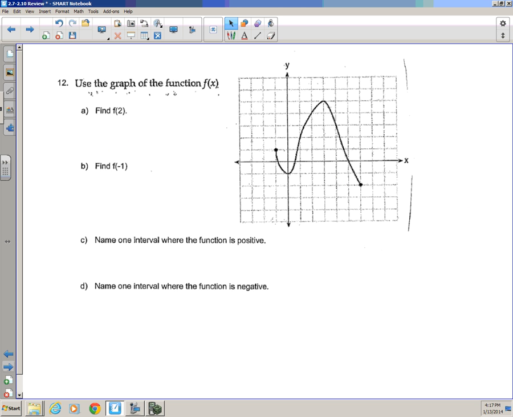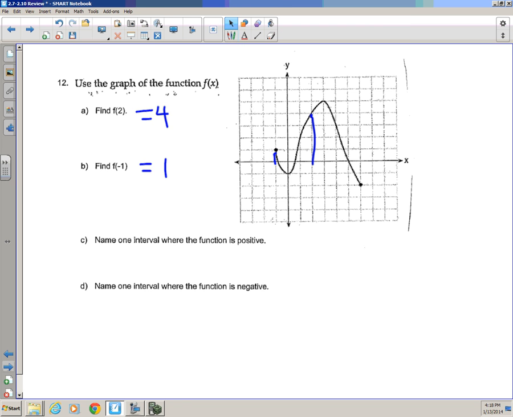Use the graph of the function f of x. Find f of 2. So that means evaluate the expression when x is 2. Well, when x is 2, y is this point, over 2, then 1, 2, 3, 4. So f of 2 is 4. When x is -1, or f of -1, when I go to -1, I need to go up 1.